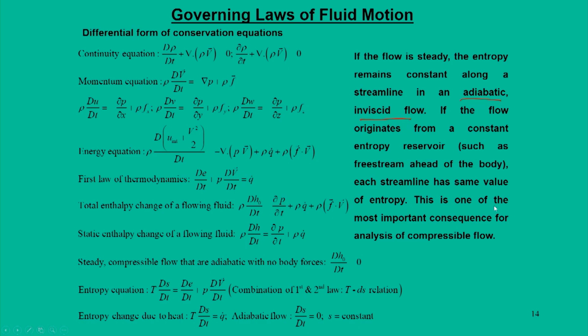This is one of the important consequences for the analysis of compressible flow. In our study we will be using entropy as one of the important tools for analysis of compressible flow, and during the course we will have more elaborate discussions of entropy.